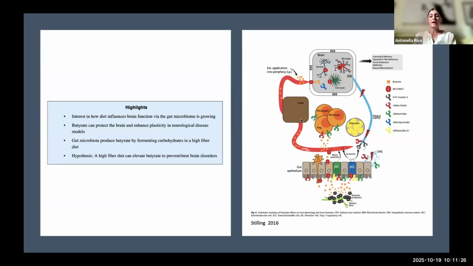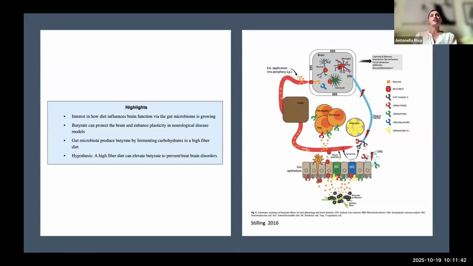They can reach the systemic blood flow, and then through these transporters they could get to the central nervous system, allowing an effect on its formation and constitution.